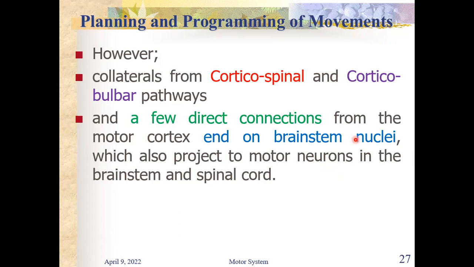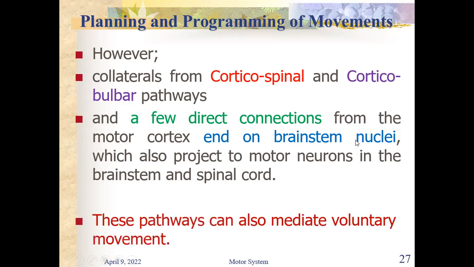Those motor information are transmitted not only through the corticospinal tract to the spinal cord, but also via the corticobulbar pathways that end on the brainstem nuclei, which will give rise to lower motor neurons arising from the brainstem nuclei, such as some cranial nerves. We know some cranial nerves are motor and sensory at the same time, okay? So these pathways also mediate voluntary movement as well. Like I've said, those pathways from the brainstem nuclei.